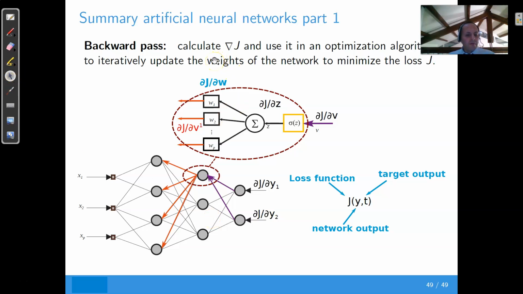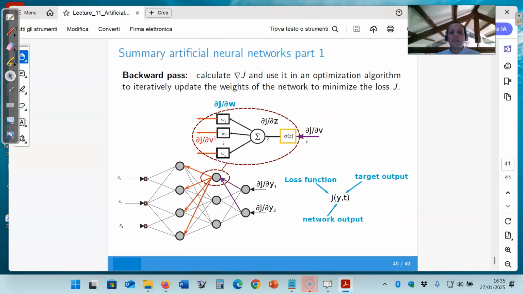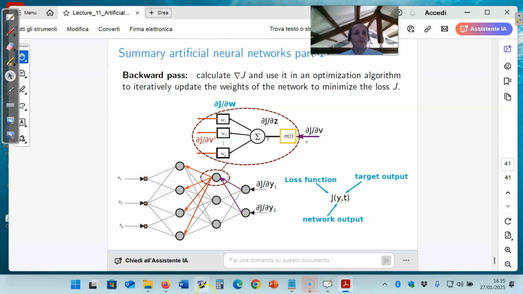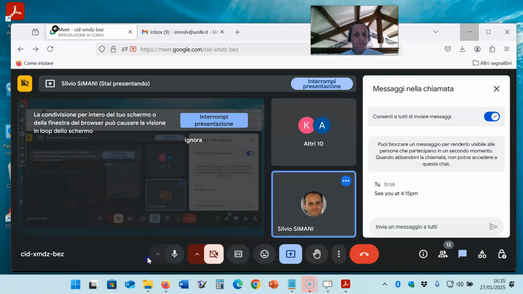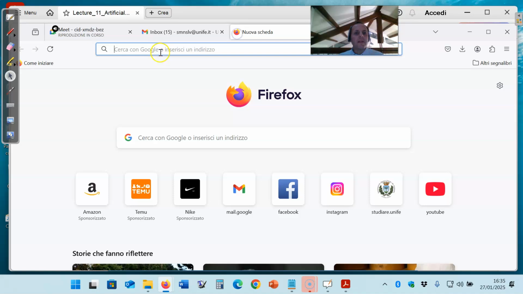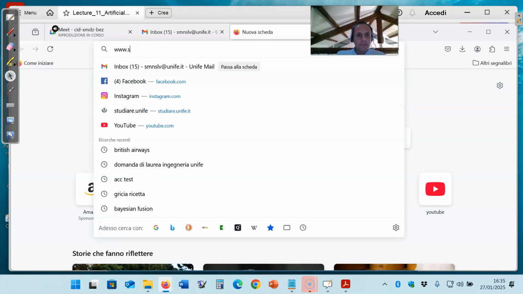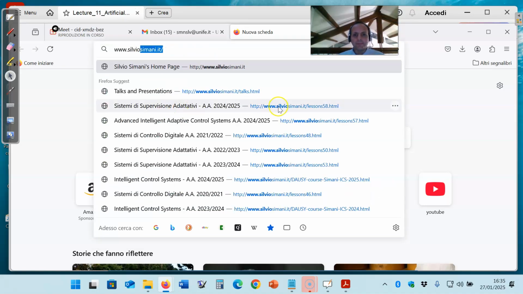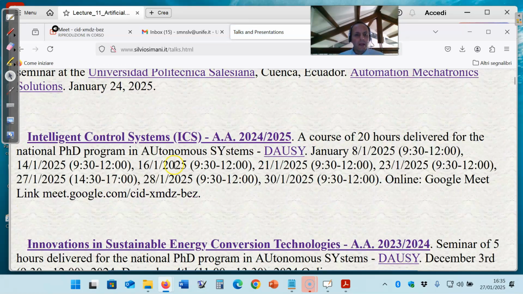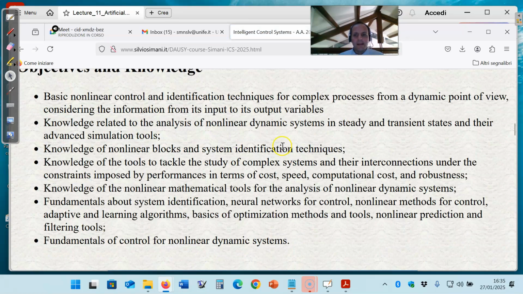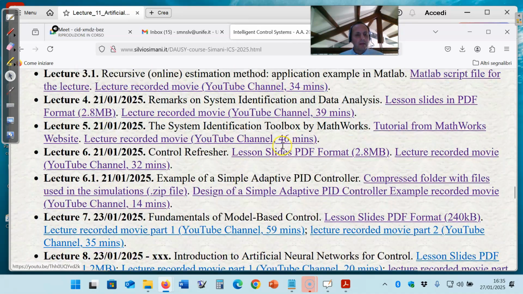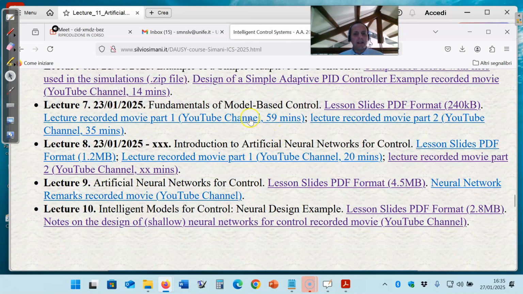So before moving to the next module, we are currently examining the structure and introduction to neural networks.